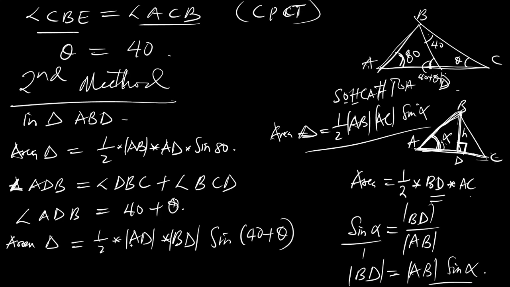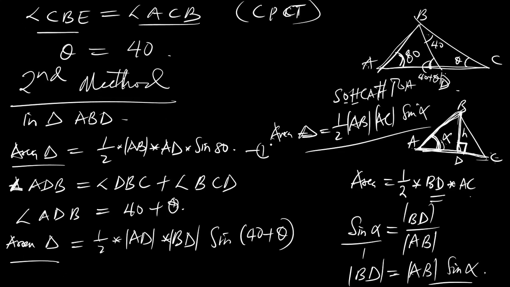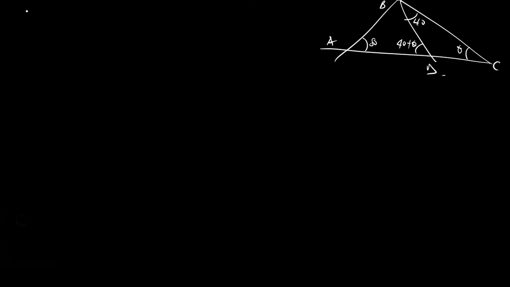Now we have gotten that, let's equate them. Since this and this are the same, let me call it equation 1, equation 2. Since this is the area of the triangle in different forms, they are equal. So let's equate them.